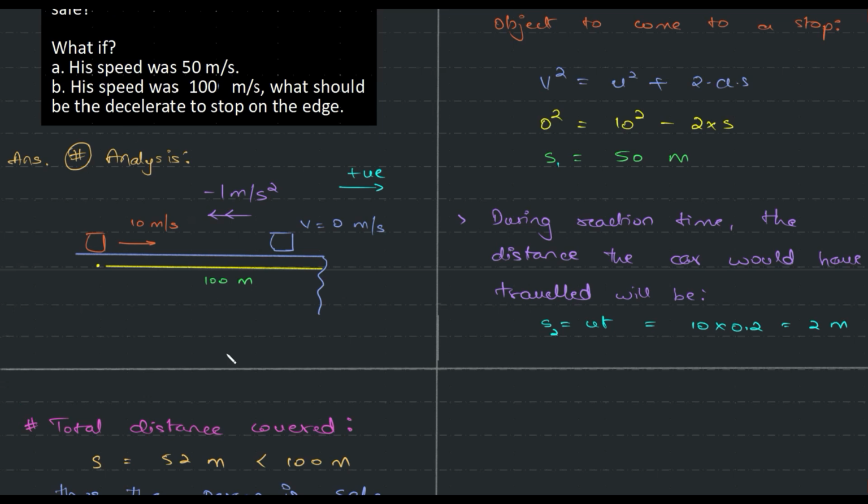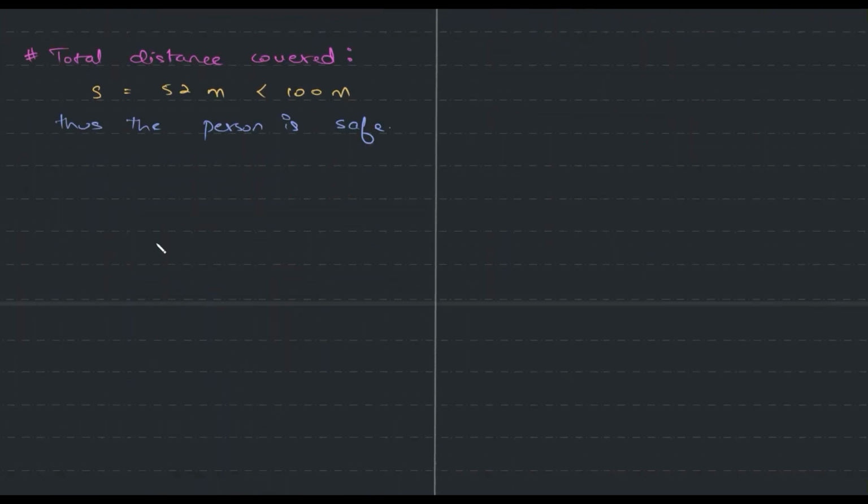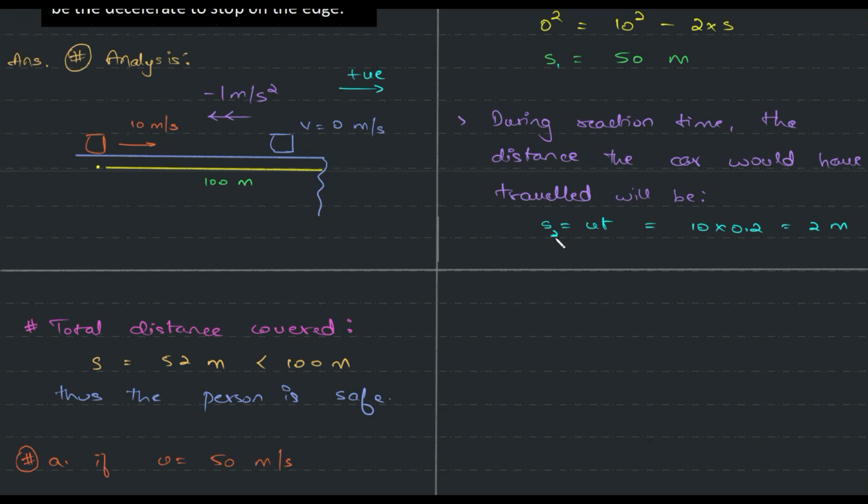What if the speed was 50 meters per second? If u is equal to 50 meters per second, then we can call it SR, that is the distance traveled during the reaction time.